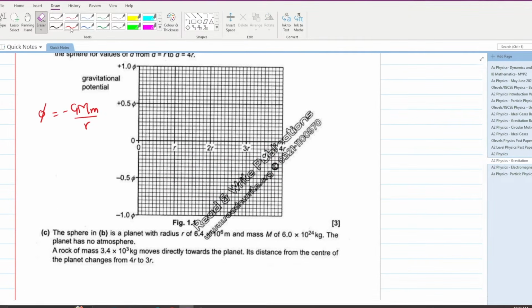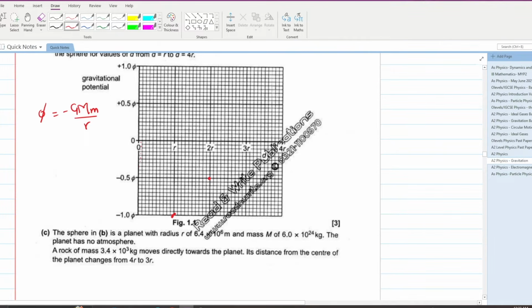Secondly, the graph will be an inverse graph. At a position of r, you will have a negative phi. At a position of 2r, your phi will decrease by half, minus 0.5. At a position of 3r, let me find minus 0.3.